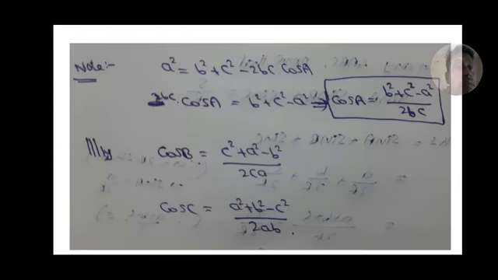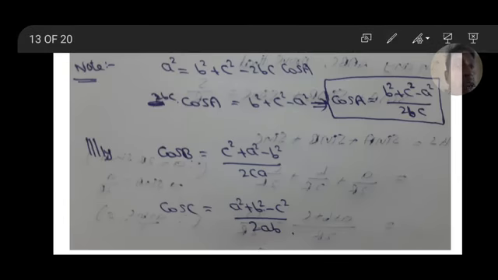Next, note: from the relation a square equals b square plus c square minus 2bc cos A, if 2bc cos A goes to the right-hand side, it becomes plus, and a square goes to the other side and becomes minus. So 2bc cos A equals b square plus c square minus a square.